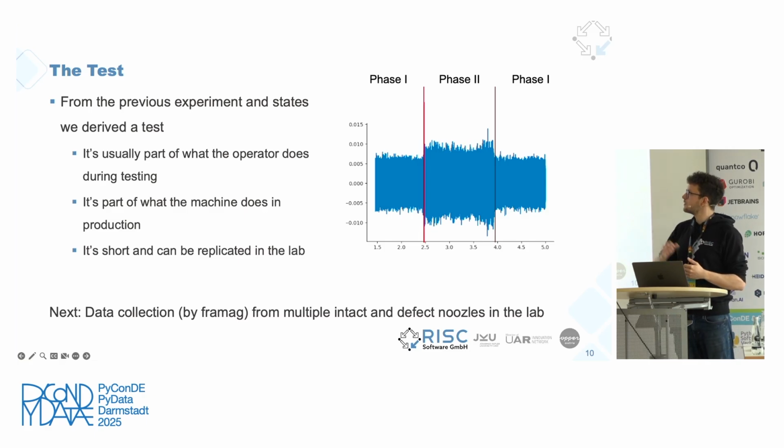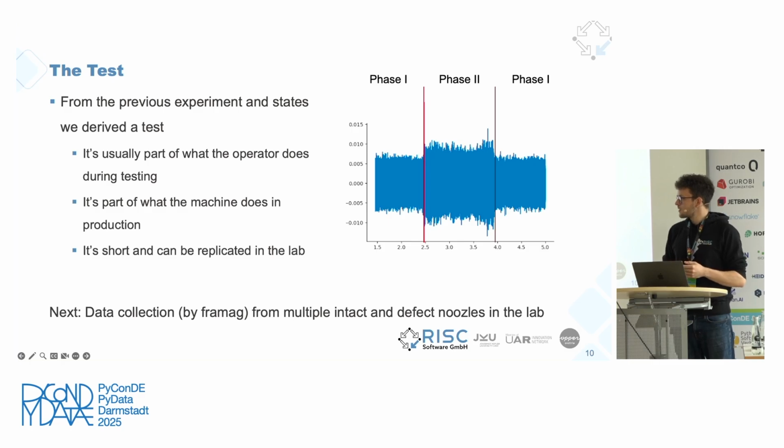The test has two phases, and we particularly chose this one because it's a test that happens in production. That was done so that if this works, we can use production data and roll this out to production. It's quite easy to test, and it's also one of the things the operator told us they do to test nozzles and repair them.